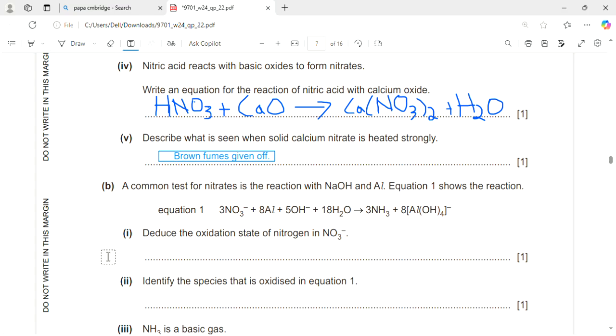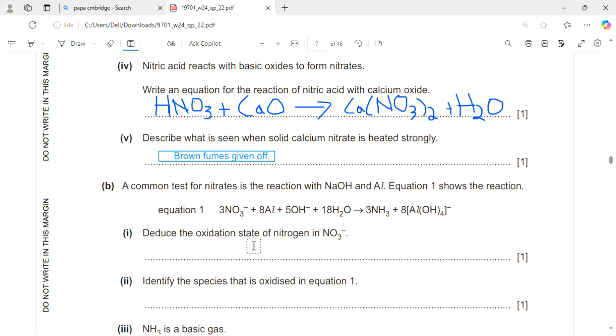All right. The other part, part B of question number 3: a common test for the nitrates is the reaction with sodium hydroxide with aluminum. Equation 1 shows the reaction. It is the nitrate ions, aluminum, hydroxide ions, water, which gives ammonia and aluminum hydroxide. Deduce the oxidation state of the nitrogen in nitrate.